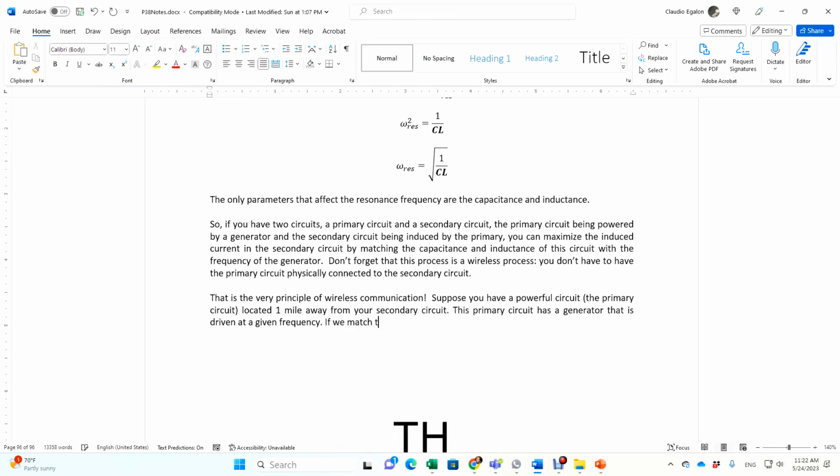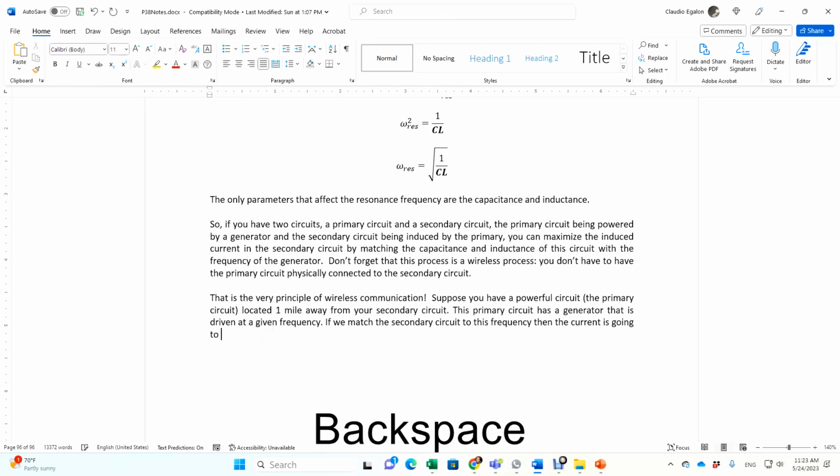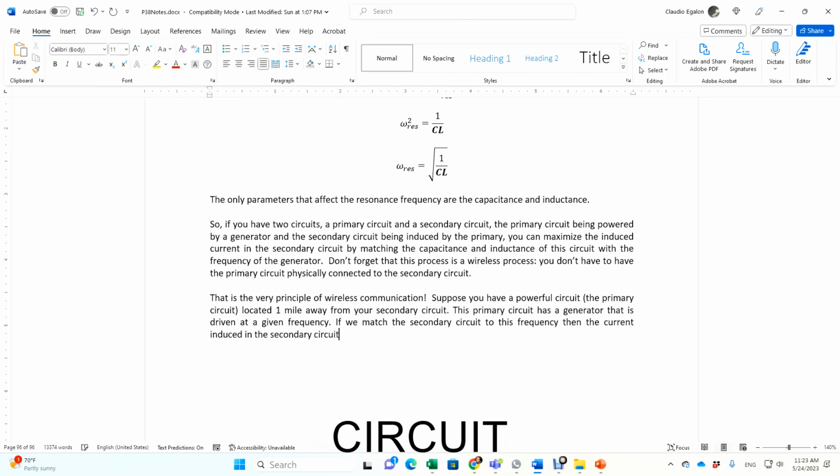If we match the secondary circuit to this frequency, then the current is going to be the largest. Then the current induced in the secondary circuit will be in resonance with the primary one. Okay.